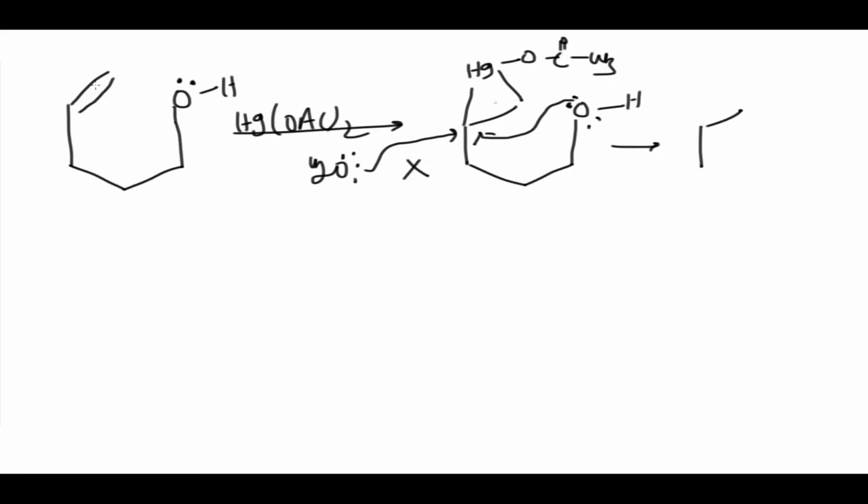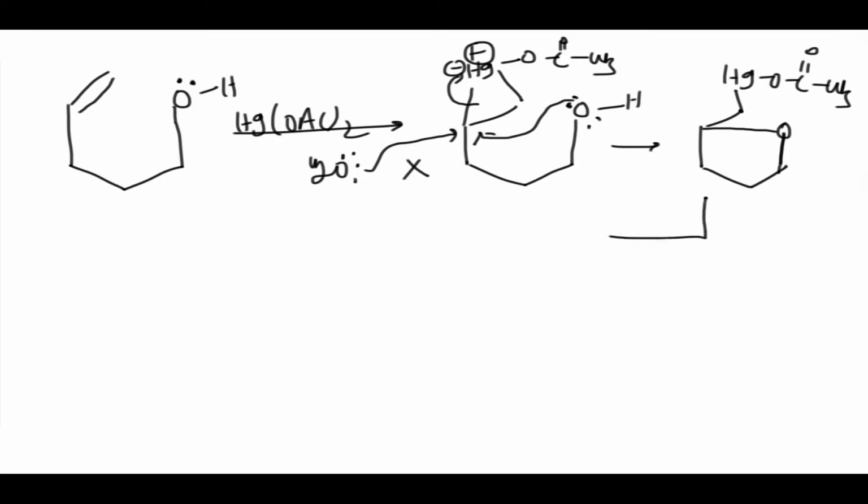Whenever the nucleophile is attaching, this bond is going to detach. Here already plus is there. So minus, then it is the nucleophile. Then here this is HgO C double bond O CH3. So after that, this O is attaching here. So after that, this is a 5-membered ring along with oxygen.